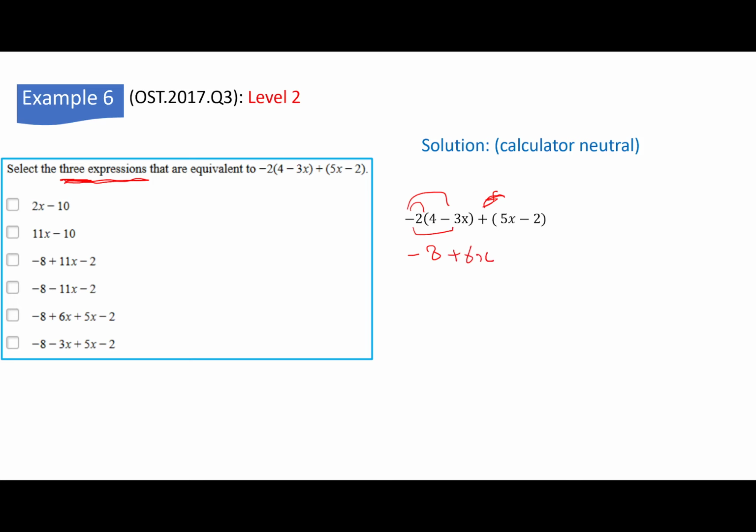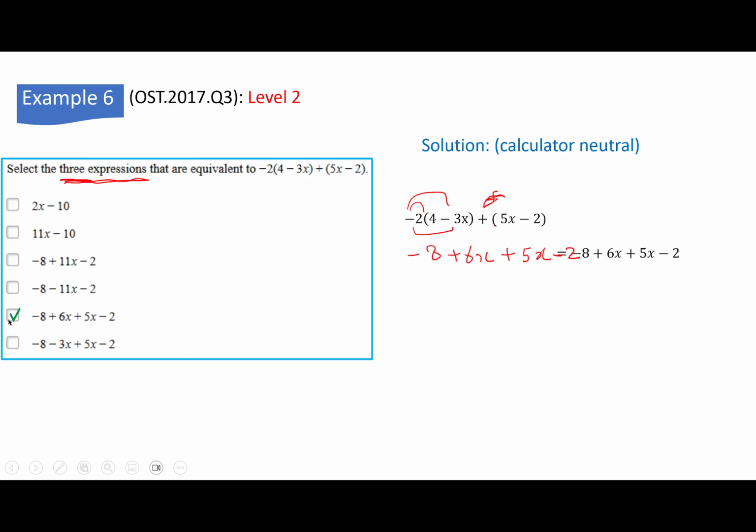Here, if there's nothing before the parentheses, it's as if there's a 1, so nothing happens. You could just remove the parentheses. Plus 5x minus 2. Is it one of the answers here? Let's see. Minus 8 plus 6x plus 5x minus 2. 6x plus 5x is right here.